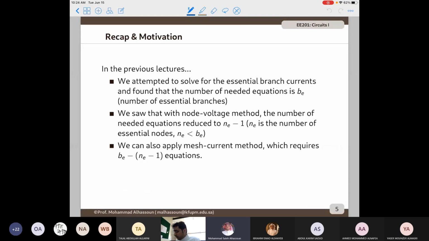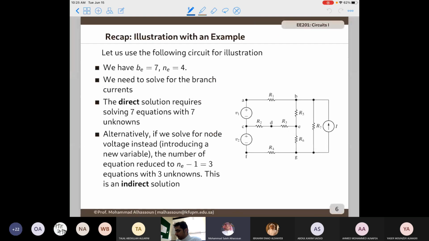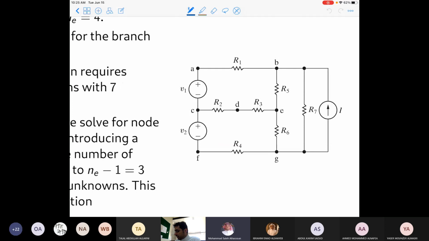We notice here that we need to count, for example, the essential nodes, and the essential branches. A reminder: an essential branch is a branch that connects to essential nodes. So what do we mean by essential node?